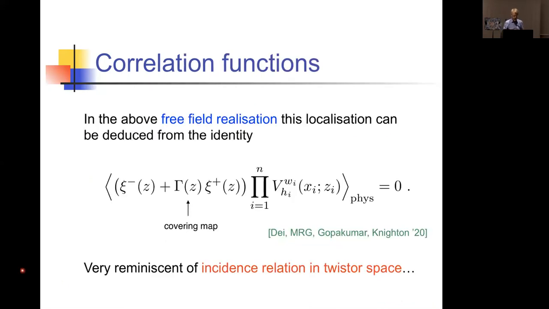And in this context, it looks very much like the incidence relation in twistor theory, and that was part of our inspirations for how to try to generalize this to AdS5. So in this paper, we proved that the correlators actually satisfy this identity, where gamma is the covering map, and it looks as though psi minus and psi plus are the spinor variables of some twistor description of the 2D space-time. Okay, so this is my lightning review of AdS3.